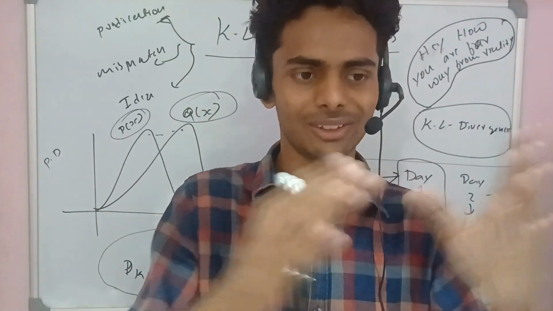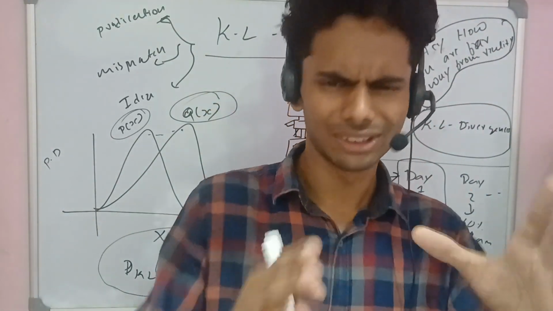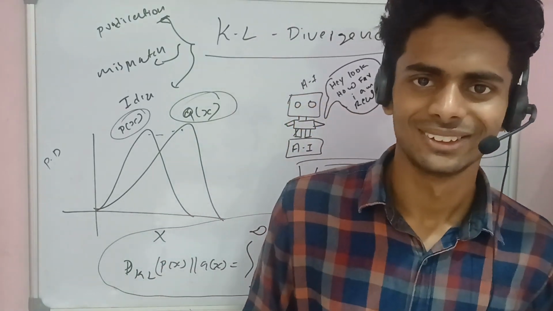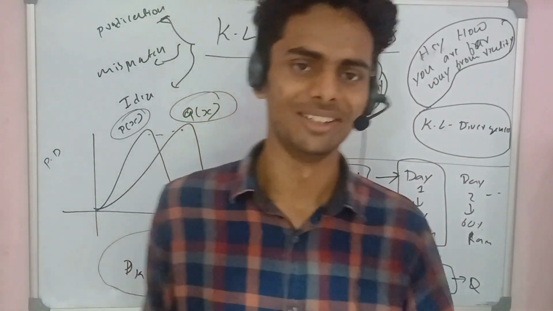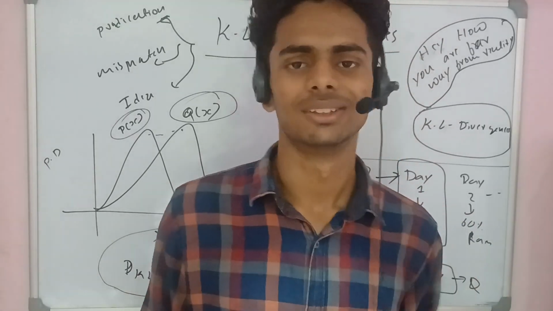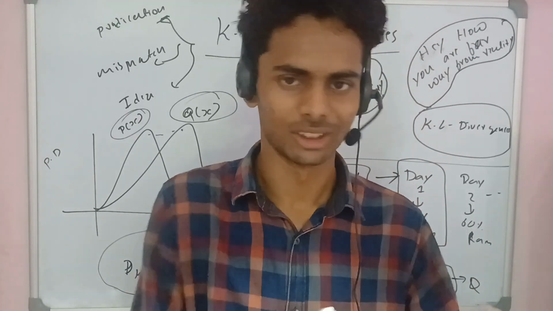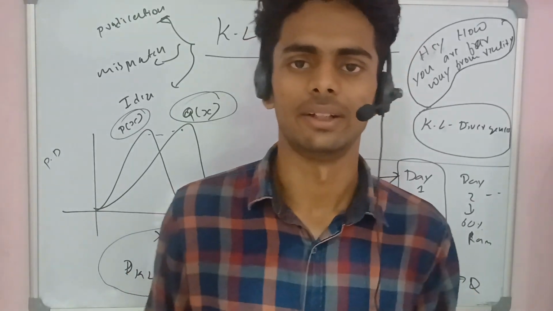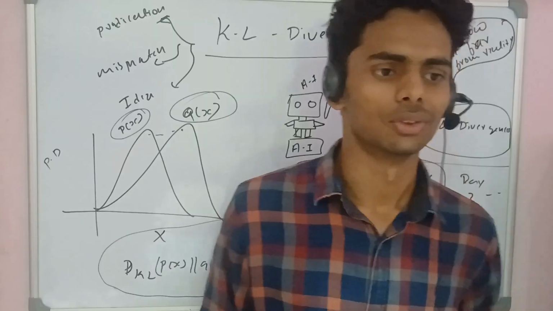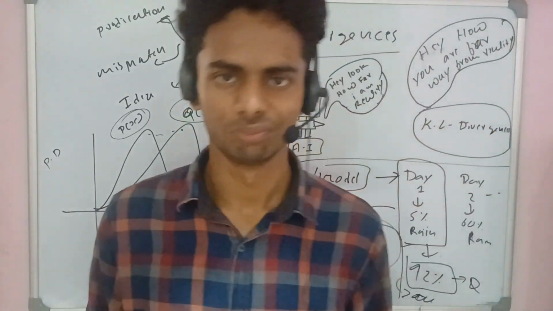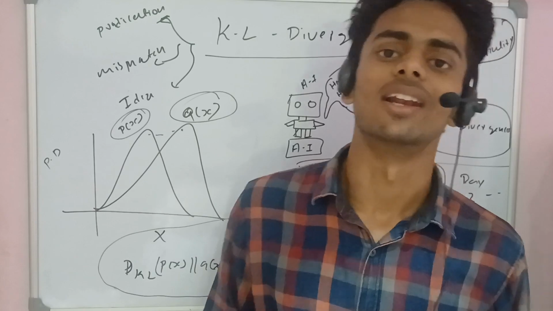It's a gap between reality and prediction. That's the basic thing in KL divergence.